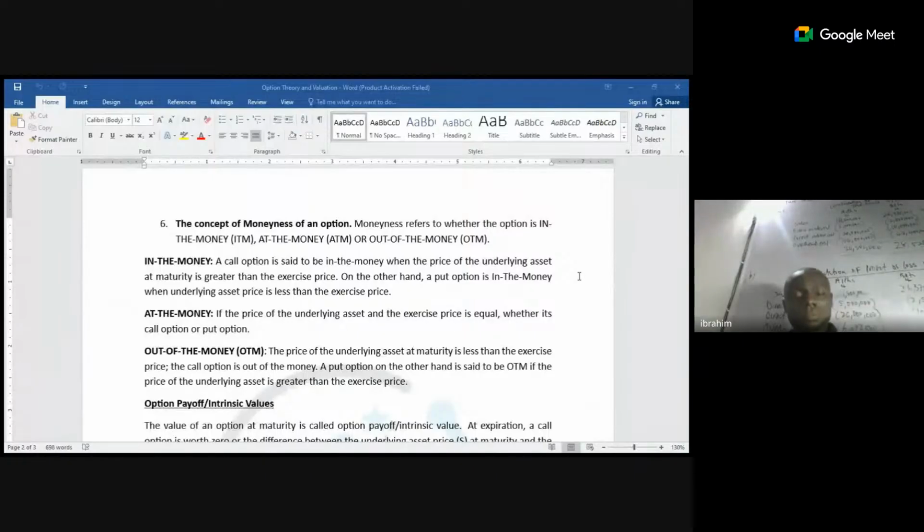Let's say you buy the option today at 50 naira, the current price. You exercise your right to buy it at 50 naira. Then you now say you will sell, not you will buy again. You will sell.